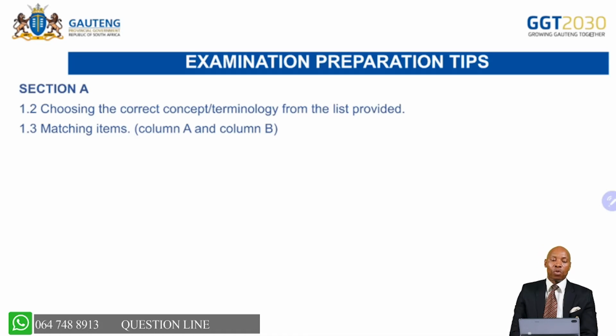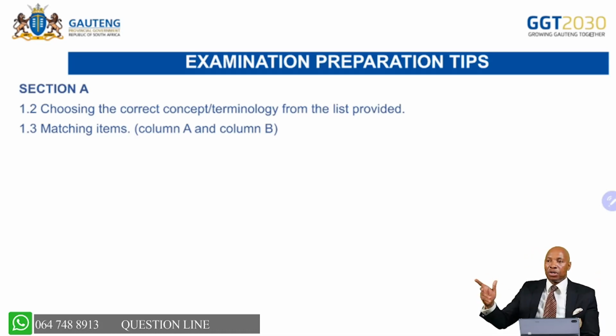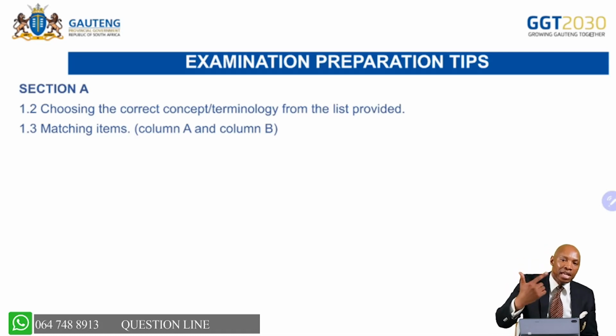Then you have your 1.3, which is a matching item, wherein you have your column A and your column B. In column A, you have a term or a word, and in column B, you have a description. Now, please read the instruction.